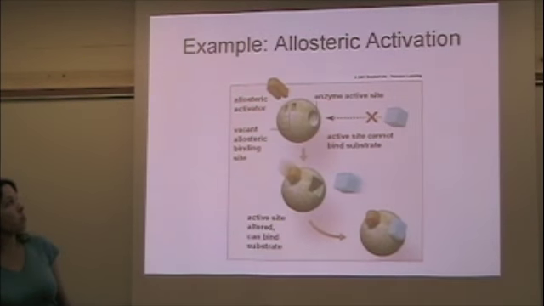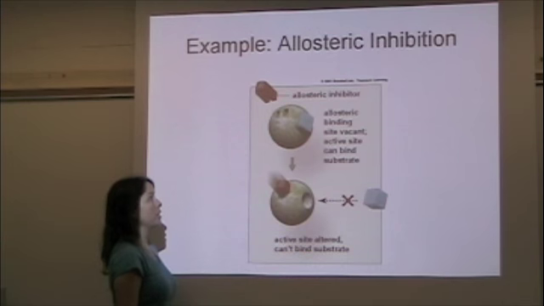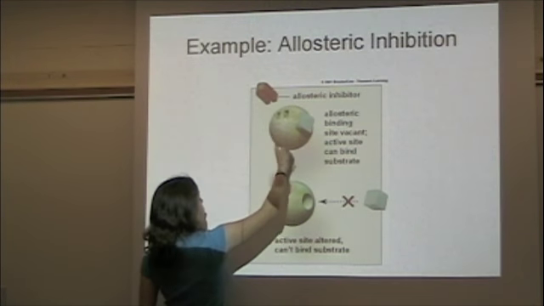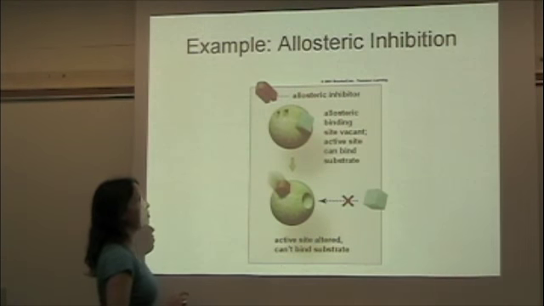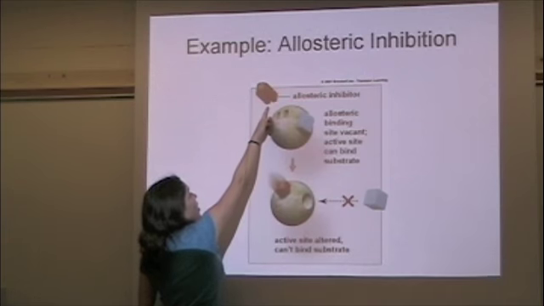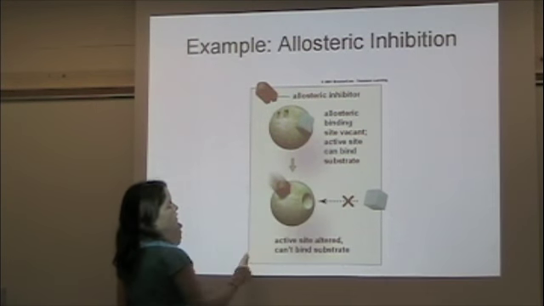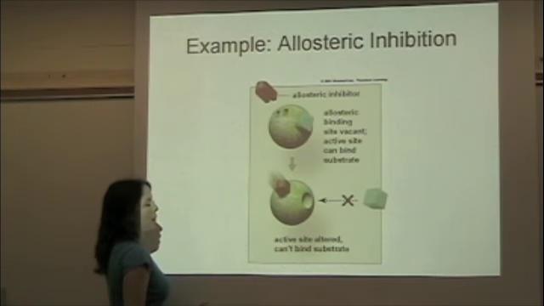There are other enzymes that are created in the on position, and an allosteric inhibitor can turn them off. So here the enzyme is functioning normally. The active site is the correct shape to bind to the substrate. Here is our allosteric inhibitor, and when it binds, this again changes the shape of the active site, this time making it so the substrate will not bind.